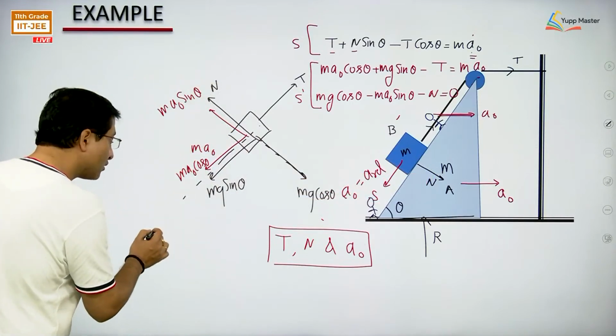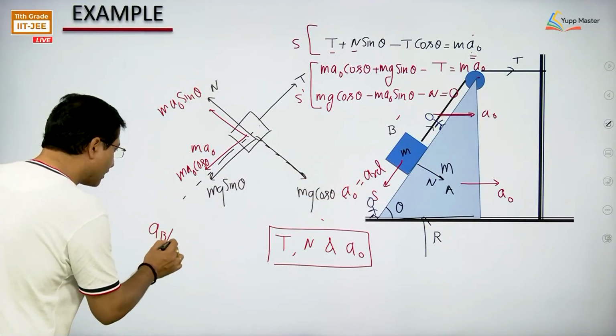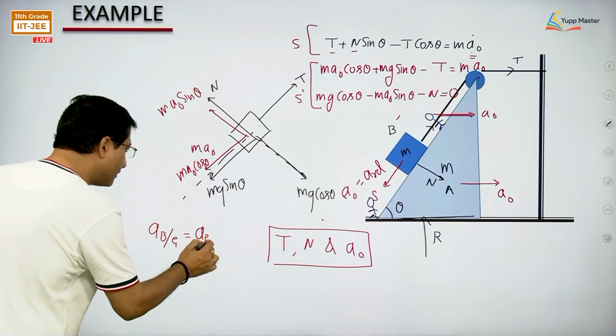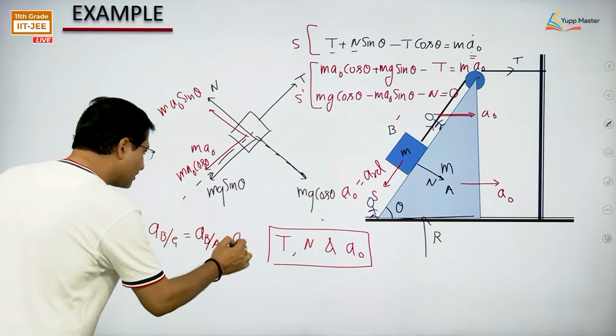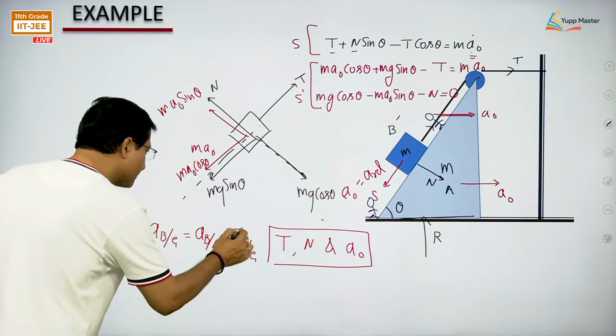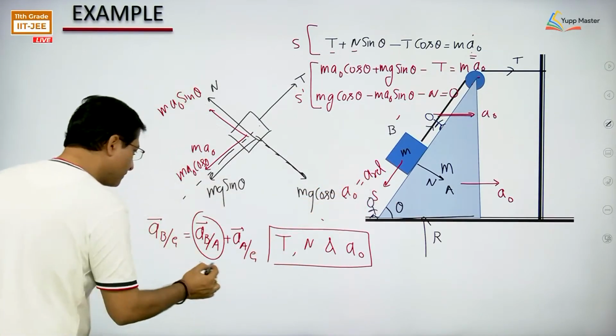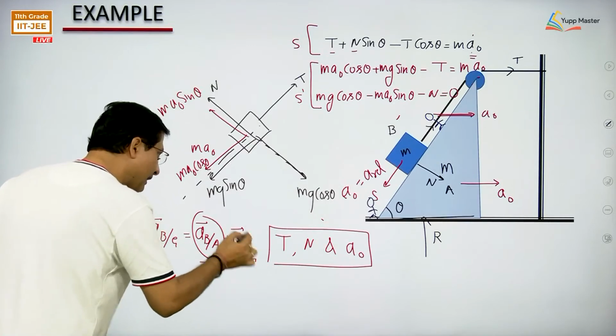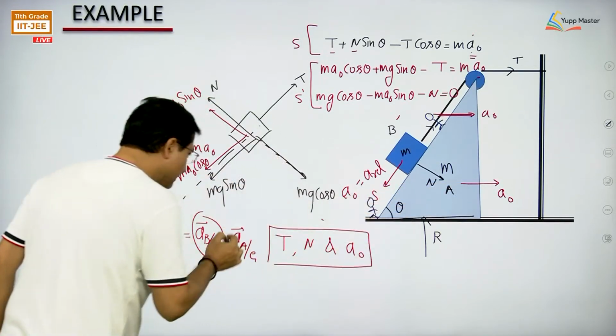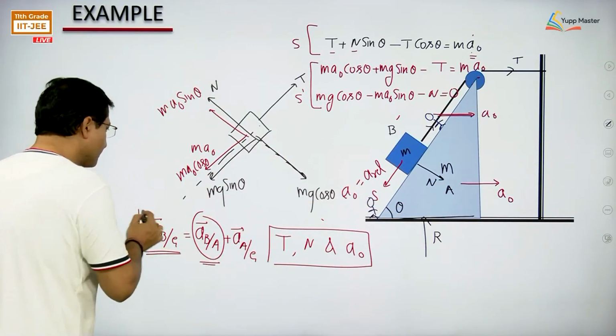So acceleration of B with respect to ground is nothing but acceleration of B with respect to A plus acceleration of A with respect to ground. So B with respect to A is this a0. In that you need to add acceleration of A with respect to ground, then you will get B with respect to ground.